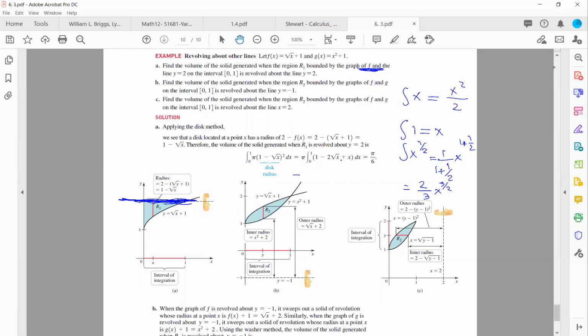So this is equal to pi, parentheses, x minus, you have a 2 in front of 2/3, 4/3, x to 3/2 plus x squared over 2, and x ranges between 0 and 1. So just plug in 1 here: 1 minus 4/3 plus a half, times pi, gives you pi over 6.